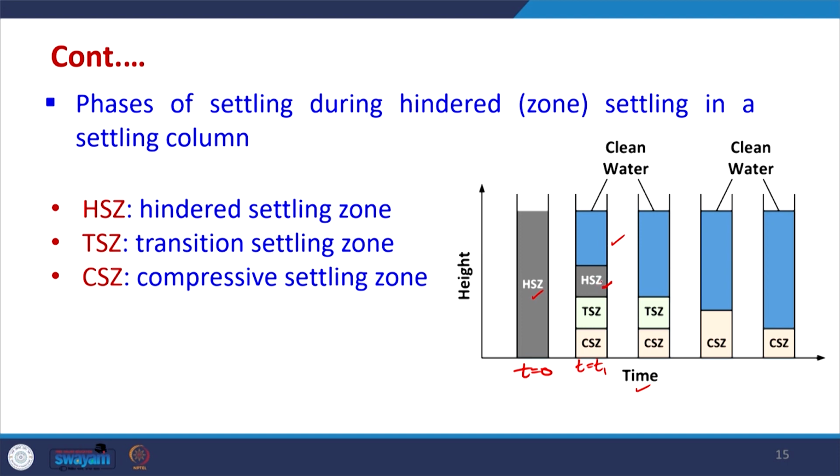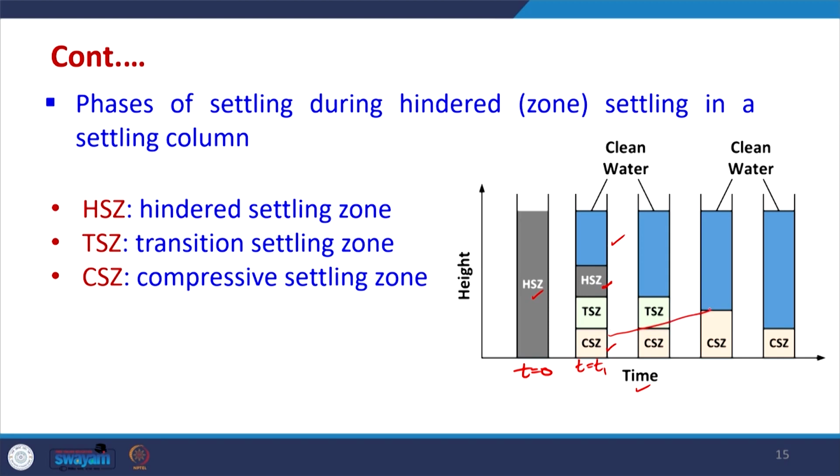One is the hindered settling zone, and another is the compression settling zone. In the compression settling zone, the concentration of the solid is so high that the overall settling is because of the weight of the solid itself. So, that compressive settling zone will form at the bottom.